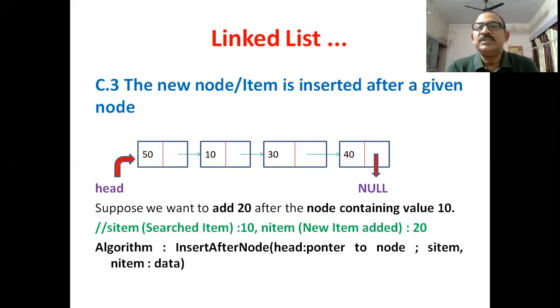Here the search item is 10 and the new item is 20. So insert after node takes three parameters. One is the head, next is the search item, and then the new item. Is it clear? Here there are two cases.